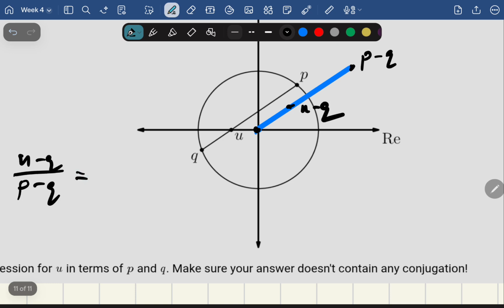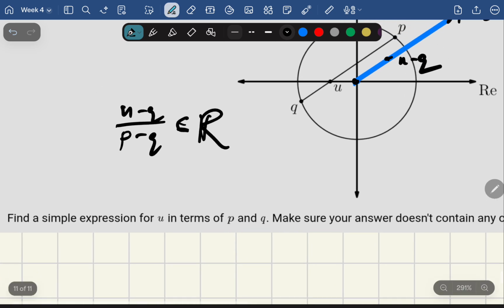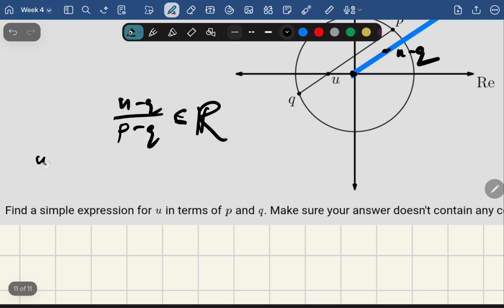So if we know that this is a real number, what properties does that imply? Well, it implies that the conjugate is equal to itself.